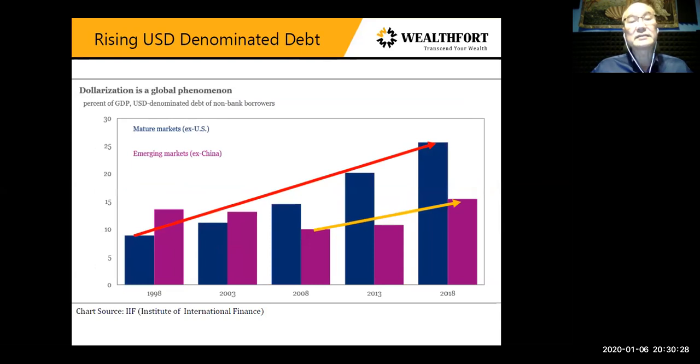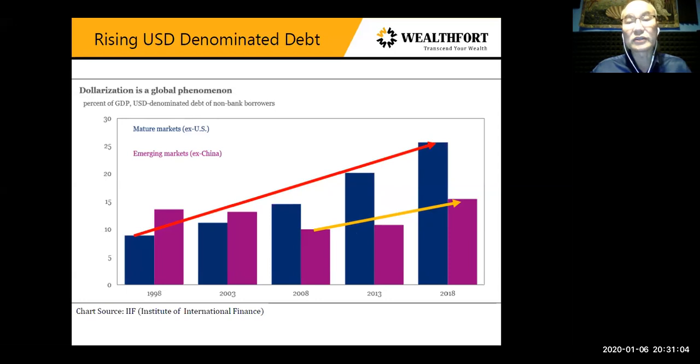Now, this is the problem facing mature markets and emerging markets. You can see that from 1998, mature markets, ex-US, as a percentage of US dollar-denominated debt, have been increasing. Now, emerging markets used to be more responsible, but after the financial crisis, emerging markets themselves are also borrowing hand over fist to offset the impact of the crisis.